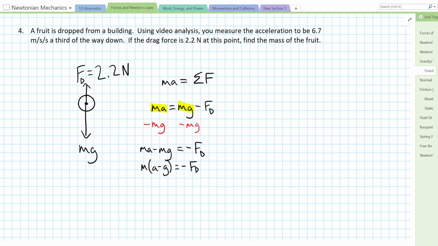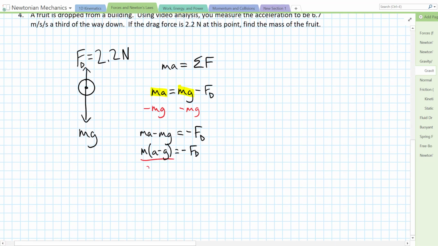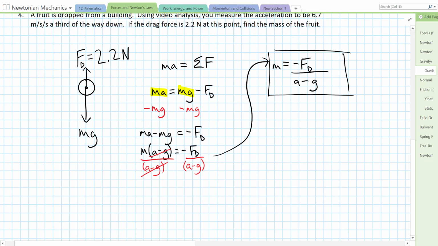If we divide both sides by a minus g, it cancels on the left side, and we are going to end up with mass is equal to negative drag force divided by a minus g. And we've solved it. We just need to plug in our givens. We know Fd is equal to 2.2 newtons. We know g is going to be 9.81 meters per second squared.